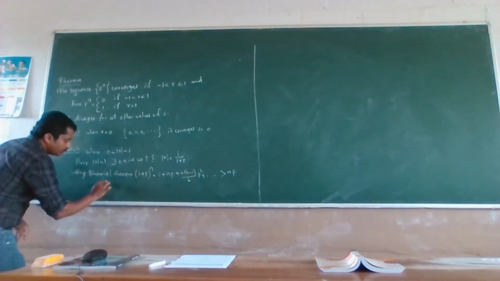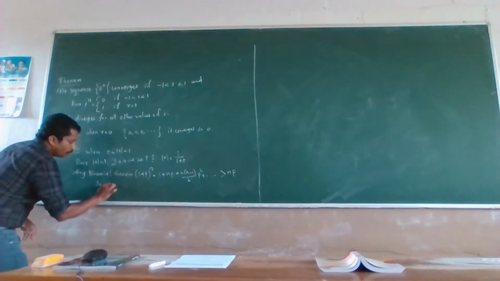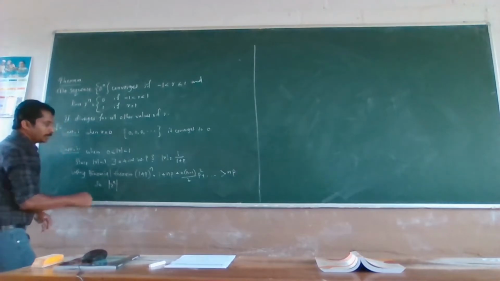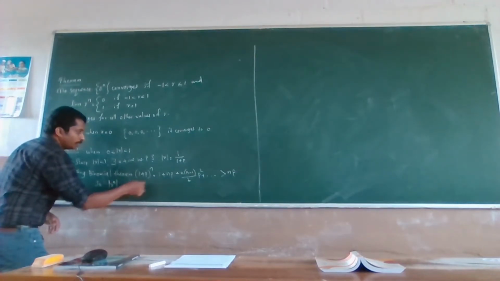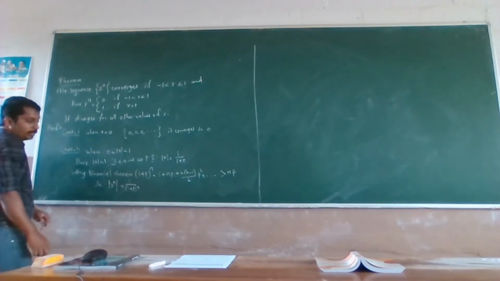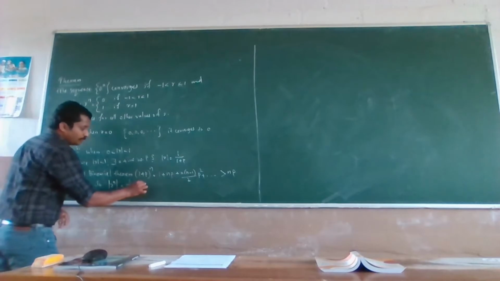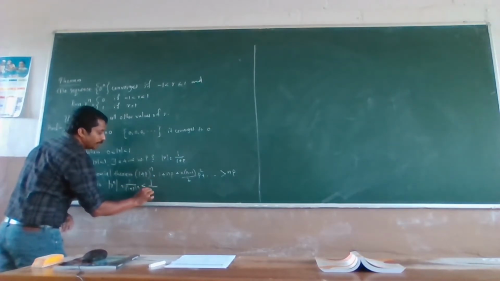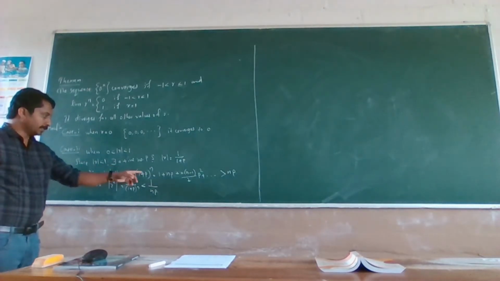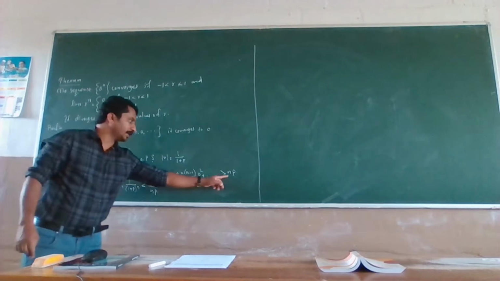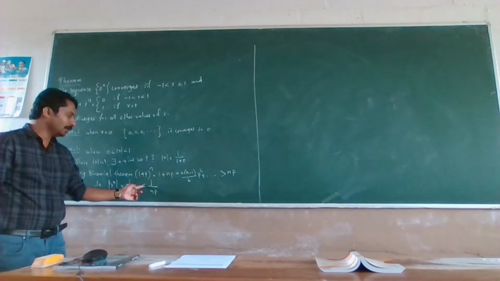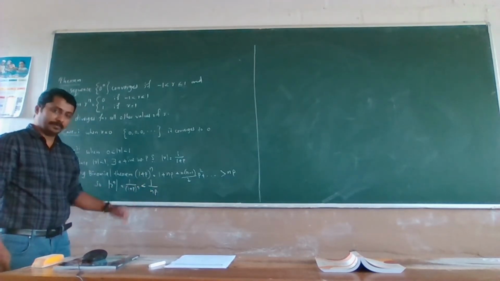So mod r raised to n is equal to 1 divided by (1 plus p) raised to n. Okay, 1 divided by (1 plus p) raised to n will be less than 1 divided by np, because (1 plus p) all raised to n is greater than np, so the reciprocal will be less than 1 divided by np.